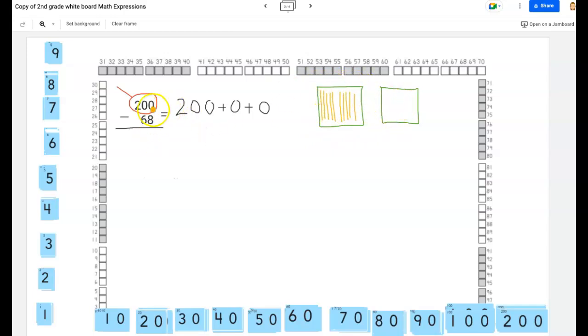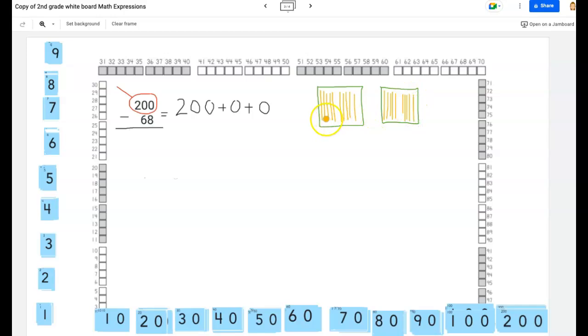And then because we said we had two groups of 100, that means we had 20 tens, not just 10 tens, a whole other set of 10 tens right here. So here we have 1, 2, 3, 4, 5, 6, 7, 8, 9, and 10.